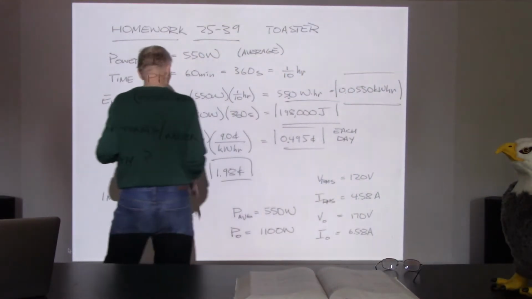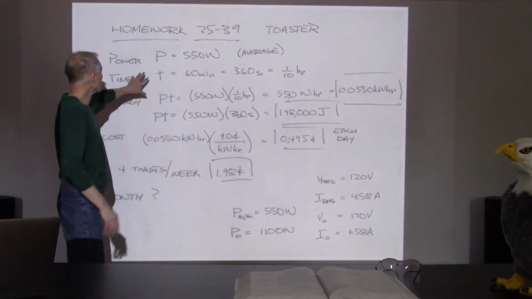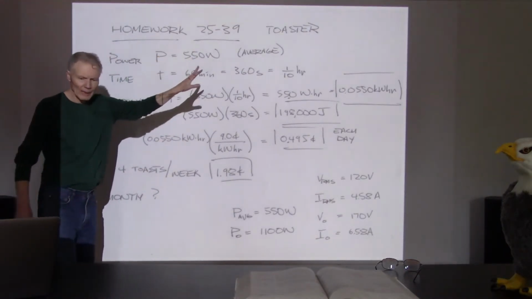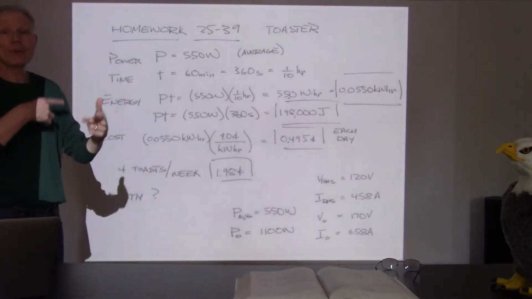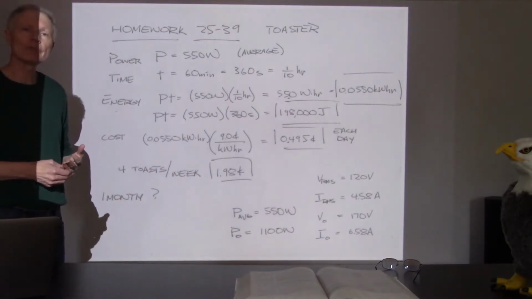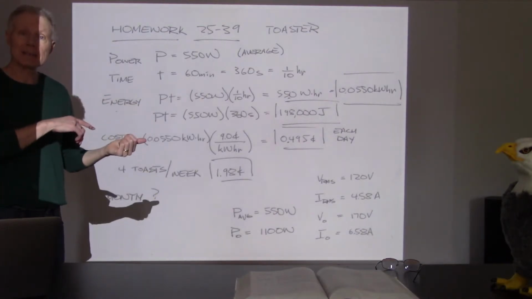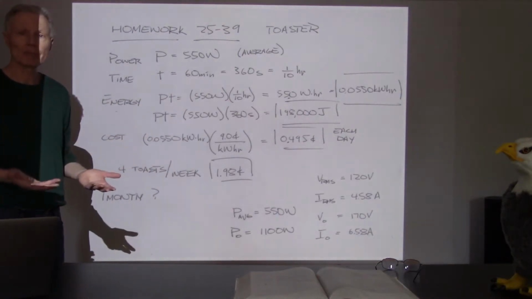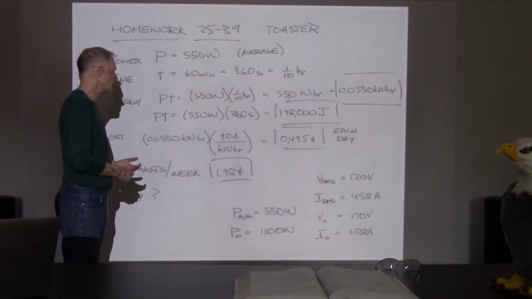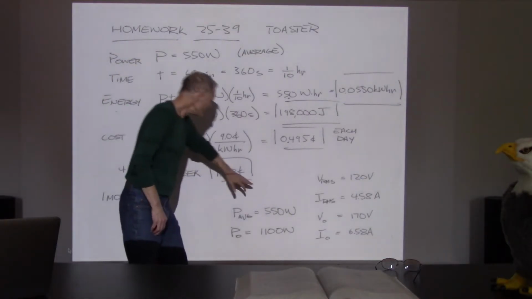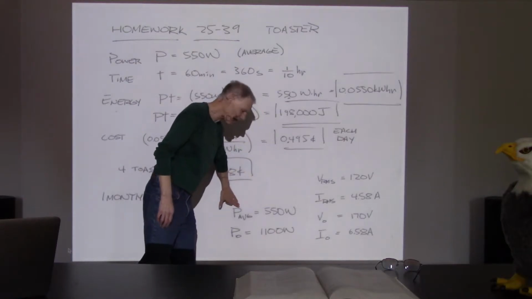Now, I wanted to point out on this problem, this toaster, more likely than not, is getting plugged into an outlet. So I just want to review the stuff we learned back in chapter 25 on AC electricity. So alternating current, which is what our outlets run off of, that 550 watts is actually an average power.